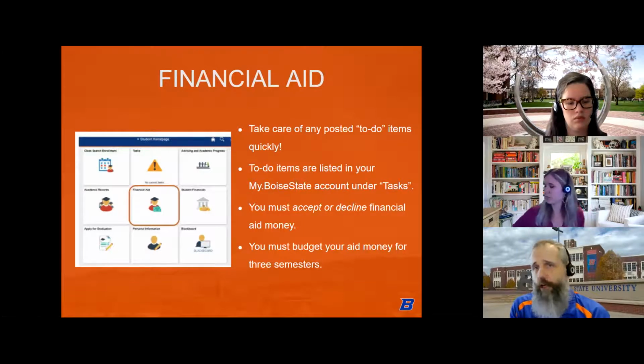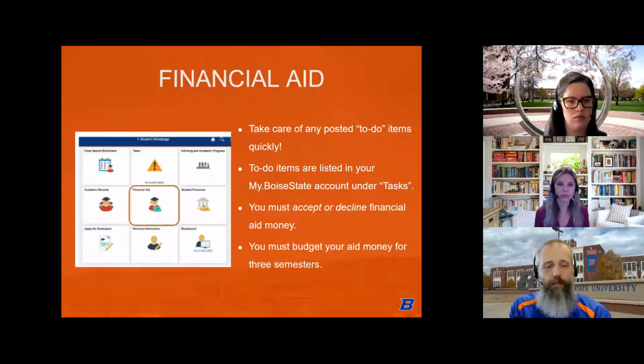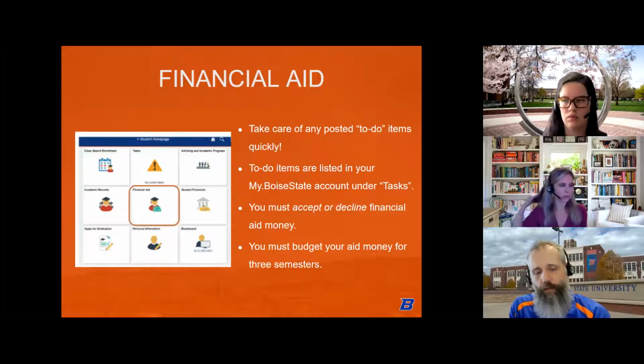In the online program, we have full class options for the summer. So make sure you are budgeting out and leaving some of those funds left from the fall and the spring to utilize in the summer. If you are confused about that, or if you want to get a little bit of a walkthrough on how to budget that out, we will get you connected with the financial aid counselor who works with our online students.